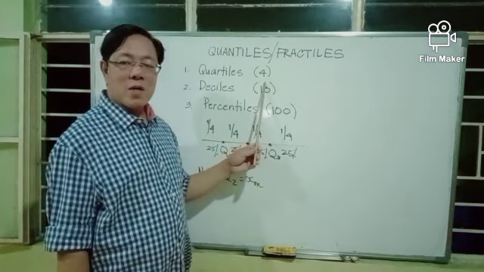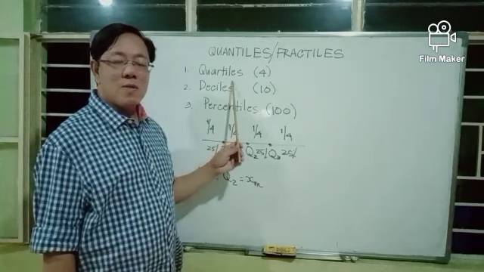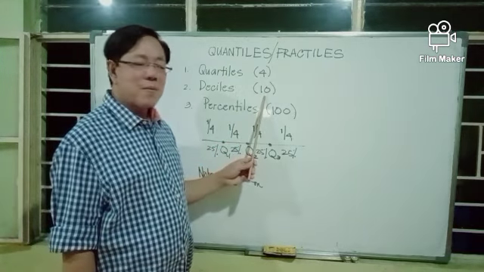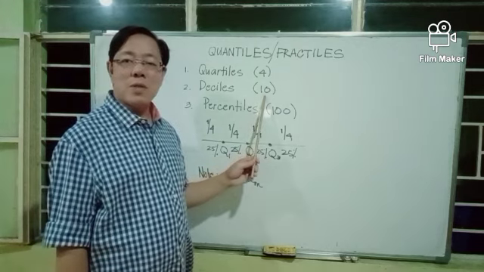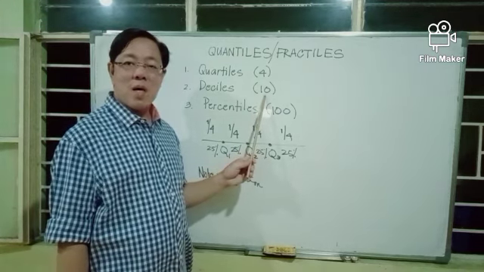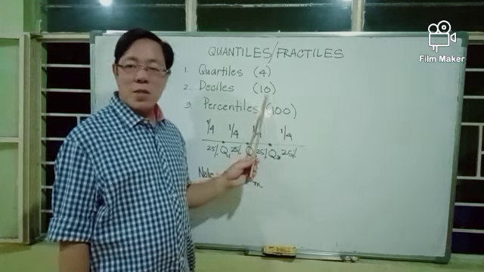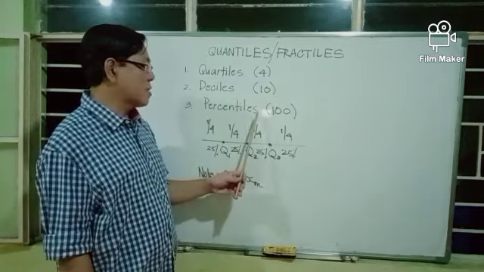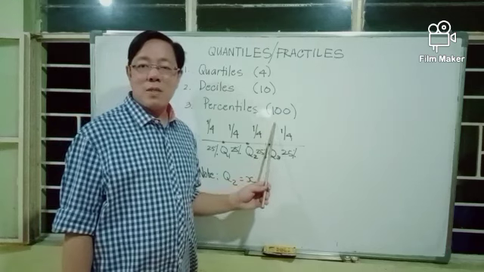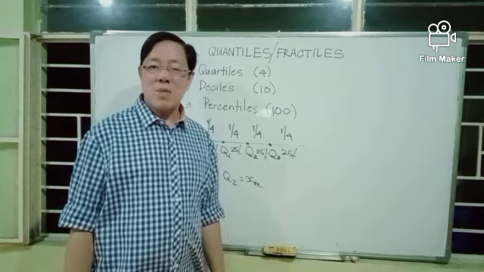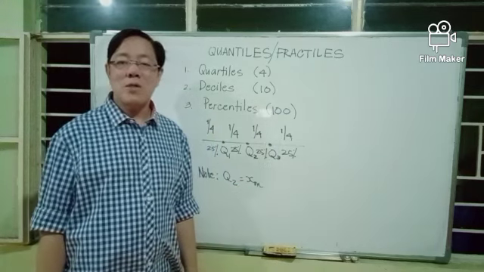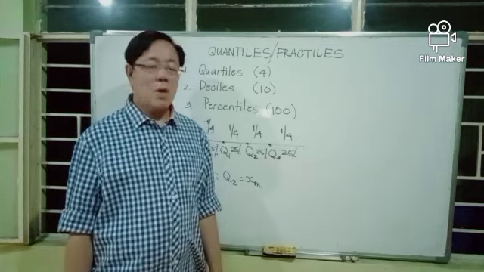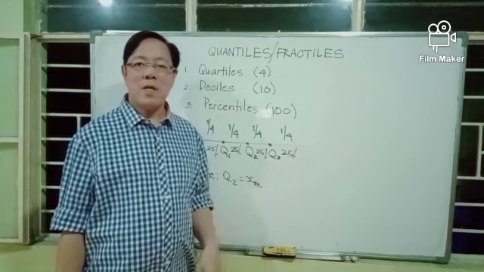If you want 4 equal parts, you need 3 points to divide the set of measurements. If you want to divide one whole into 10 equal parts, you need 9 points. And if you want to divide the set of data into 100 equal parts, you need 99 points to obtain 100 equal parts.